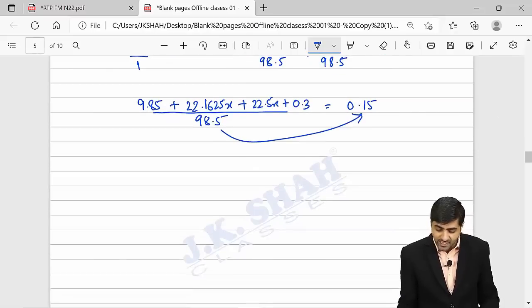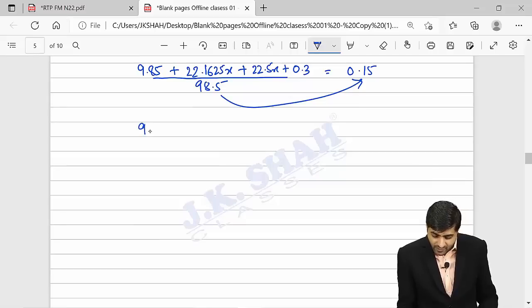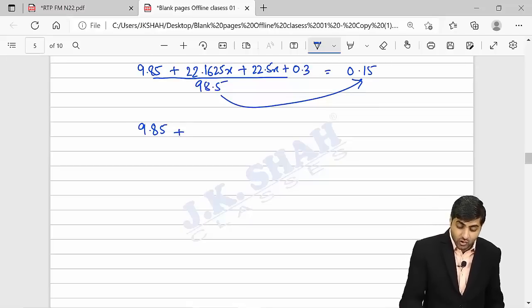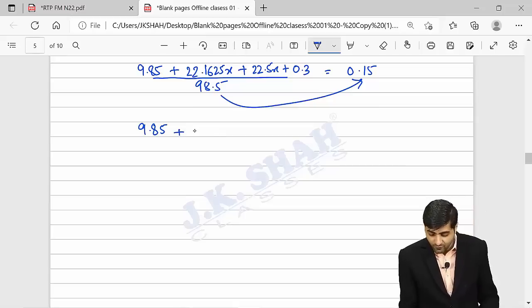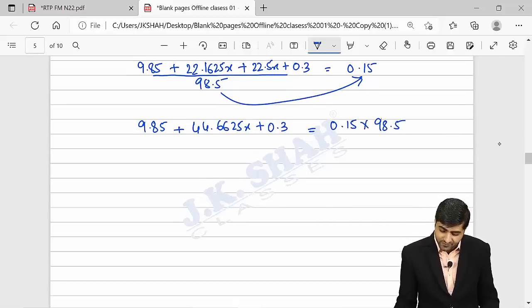So taking this 98.5 here, this will now be 9.85 plus, we can definitely add your 22.1625x plus 22.5. So that will now be your 44.6625x plus 0.3, and this will now be 0.15 into 98.5.